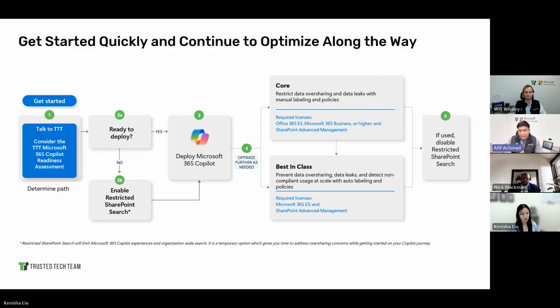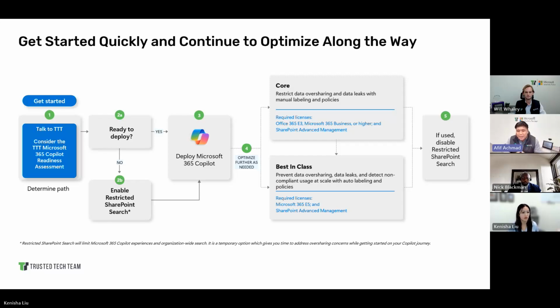But essentially, after performing an assessment, in a collaborative effort we'll determine if we're ready to deploy. If we're ready to deploy, it's time to purchase those M365 Copilot licenses. Within the assessment, we'll give you recommendations to further optimize your environment, whether it's getting the required prerequisite licenses.